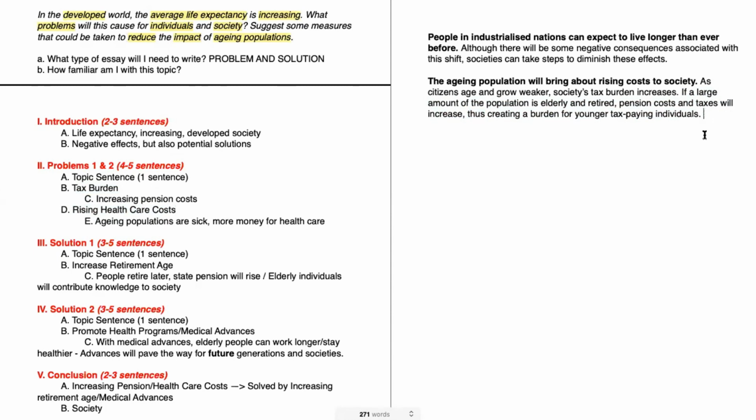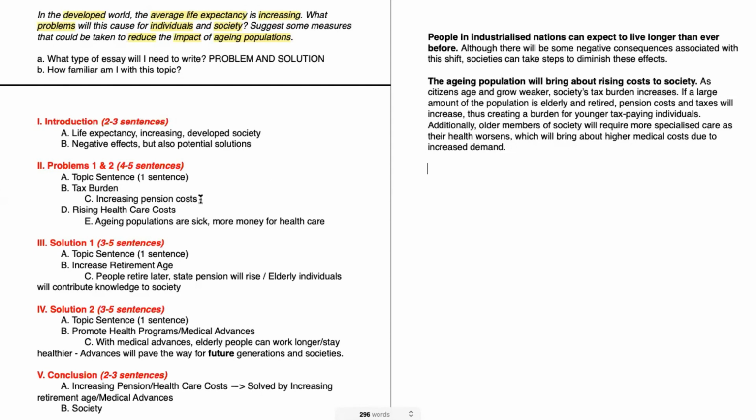So I'm going to go ahead and say, additionally, older members of society will require more specialized care as their health worsens, which will bring about higher medical costs due to increased demand. All right, and there you have it. I have essentially written one sentence that combines rising healthcare costs, aging populations are sick, more money for healthcare. And there you go.